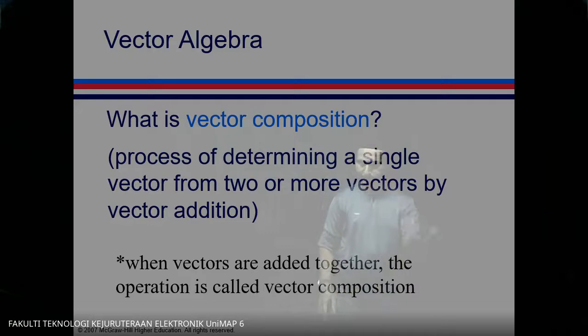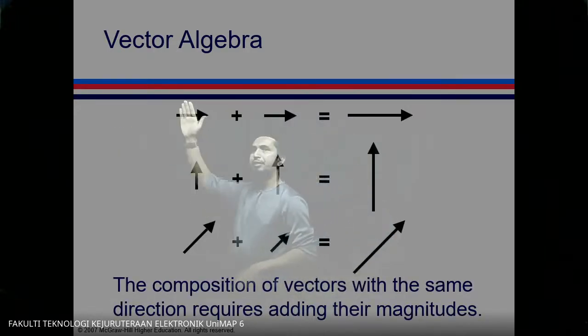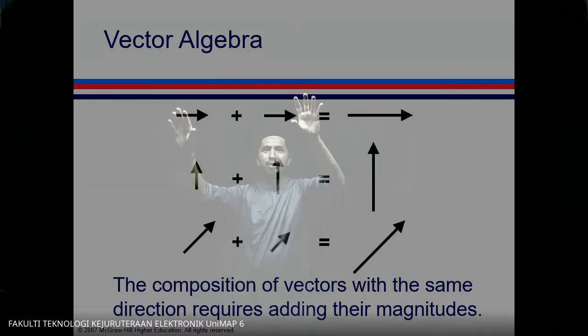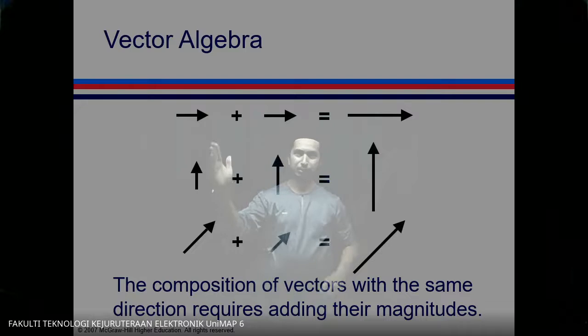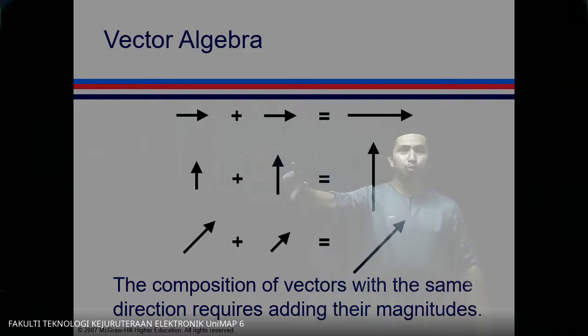Vector, you also learn about vector. What is a vector? If I have this arrow, the first arrow, and then I add the second arrow, then the length will be more. Same thing if I have this type of arrow, let's say this is 1, and I add 2, the final will be 3, because the direction is the same.